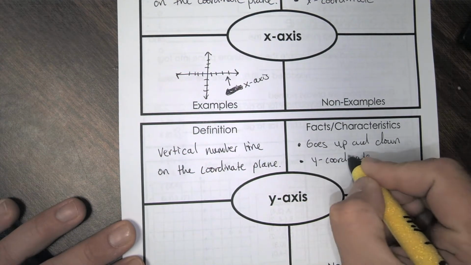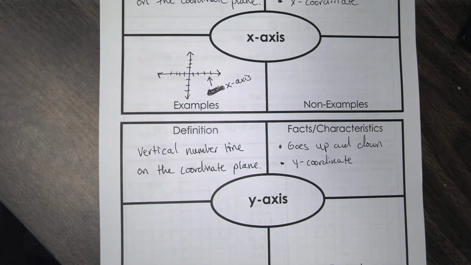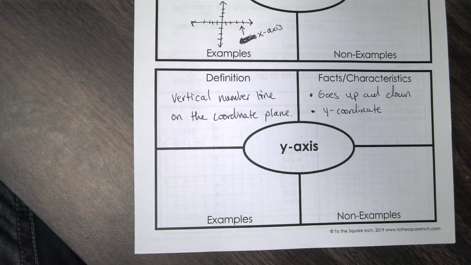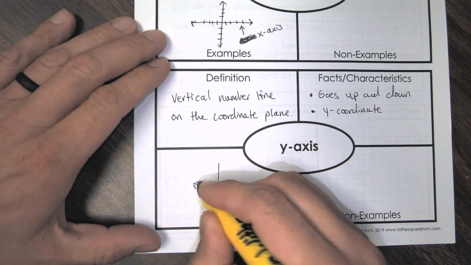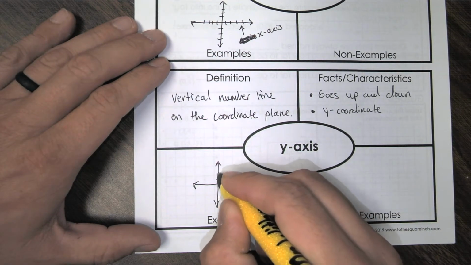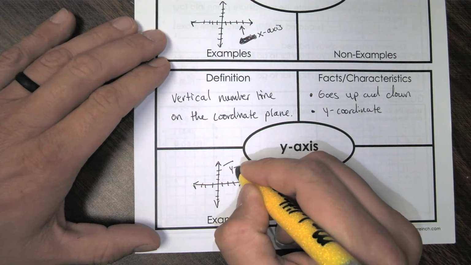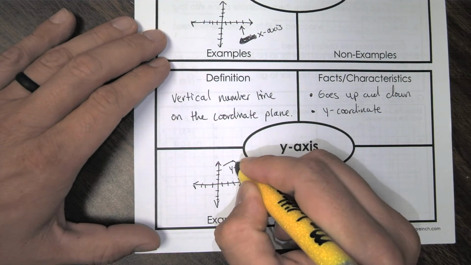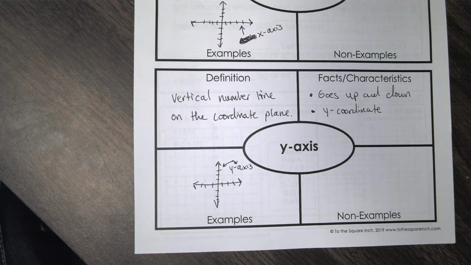That's the number we're going to be using to plot on the y-axis. So this is what the example would look like. We draw our graph again, our coordinate plane, and the vertical number line is the y-axis. Whenever you have all that, go ahead and go on to the next page.